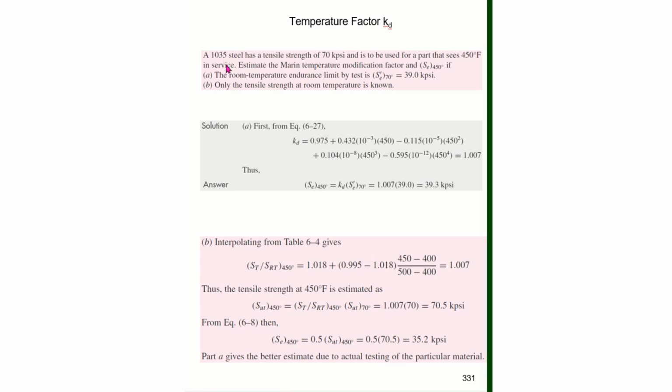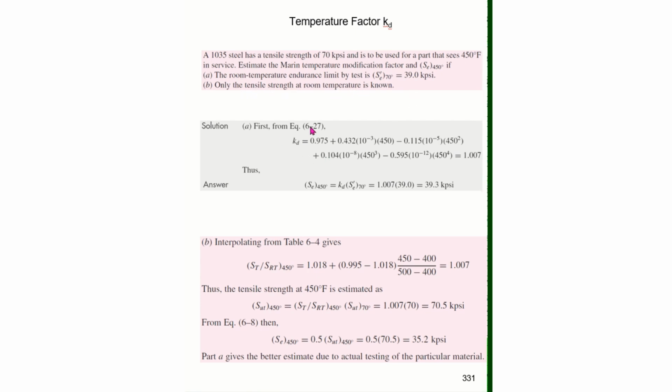So in this first example, it says a 1035 steel has a tensile strength of 70 and is to be used for a part that sees 450F in service. Estimate the Marin temperature modification factor and Se. If the room temperature endurance limit by test is 39 and B, only the tensile strength at room temperature is known.